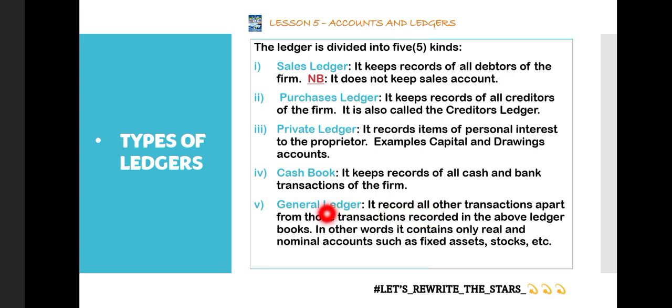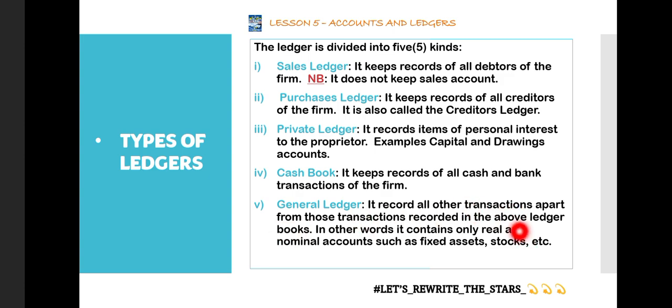So something like sales account will come here. Purchases account will come here. Land account will come here. Motor vehicle account will come here. Stationery account will come here.